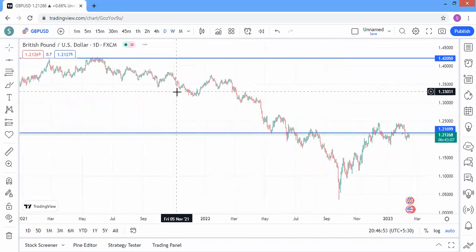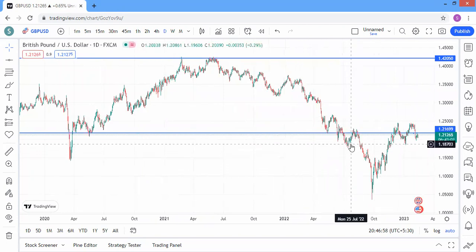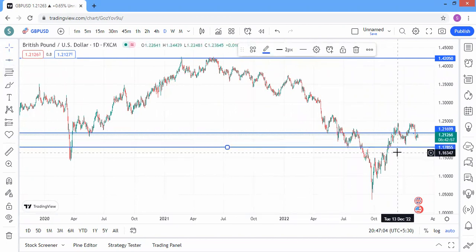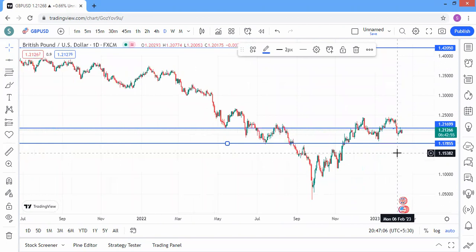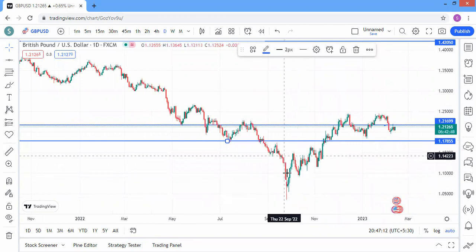Now, if you look at the daily chart, you can see that this head and shoulders pattern is quite clear here. It's really so clear here. So I want you to look at this.